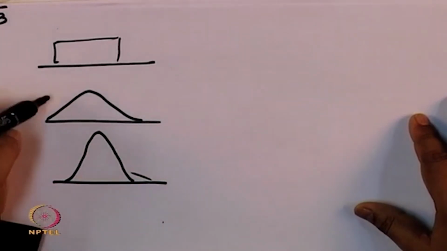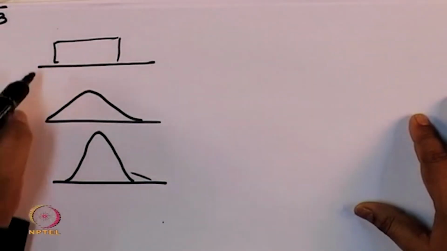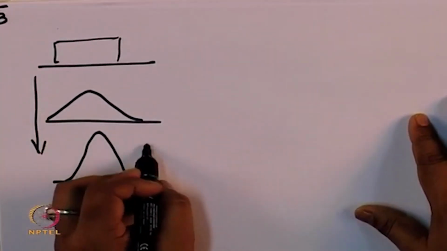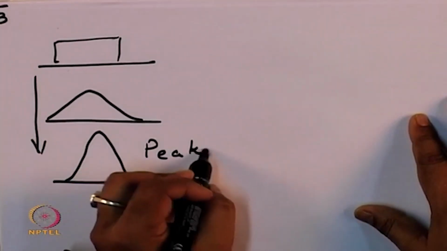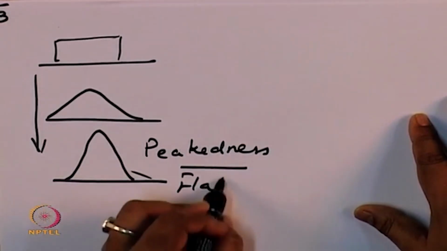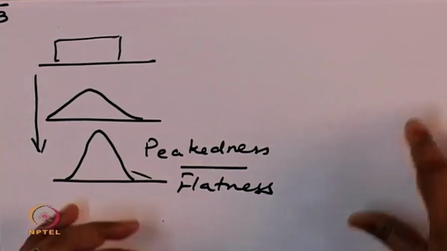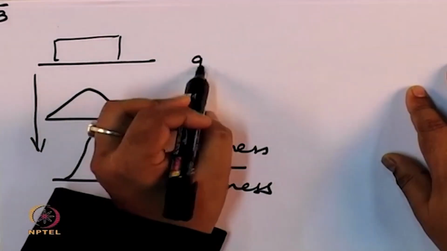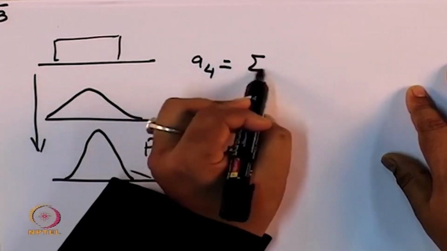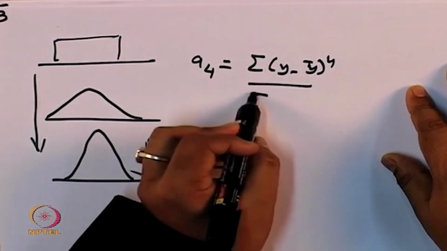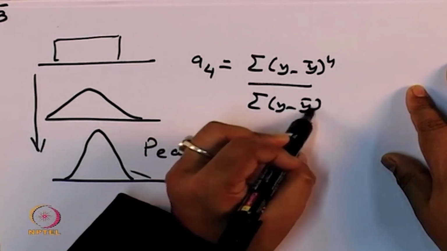What I see is that the peakedness of the curves is increasing. It measures the peakedness or flatness of a curve, and it is given by this metric A4, which is defined by the summation of y minus y bar whole to the power 4, divided by the summation of y minus y bar whole square.